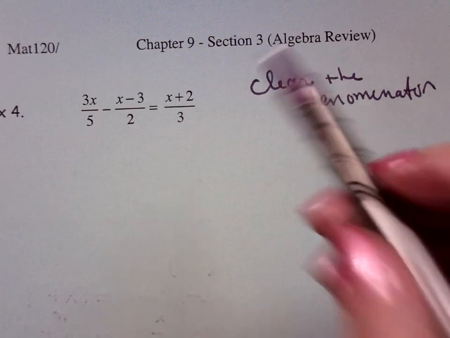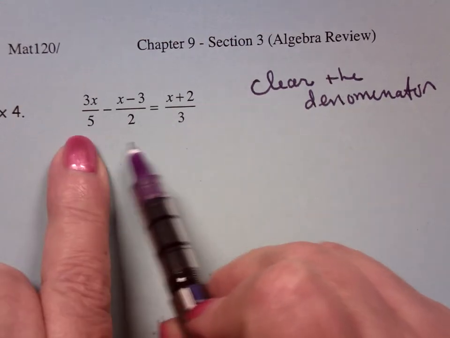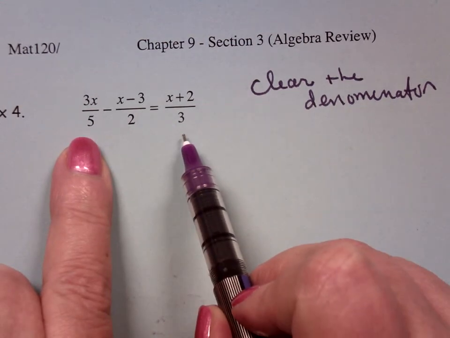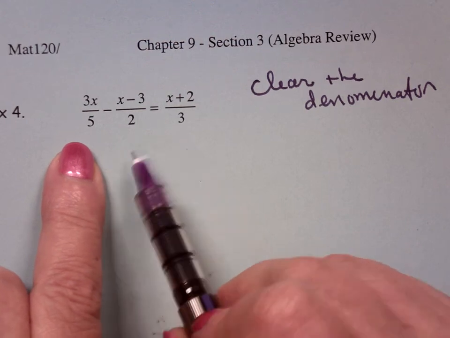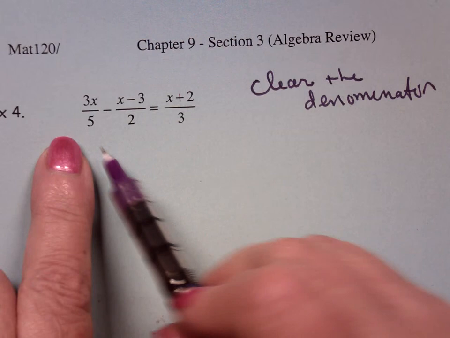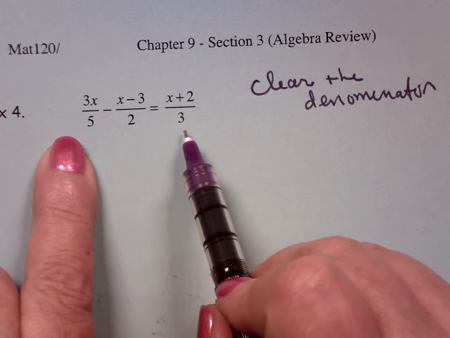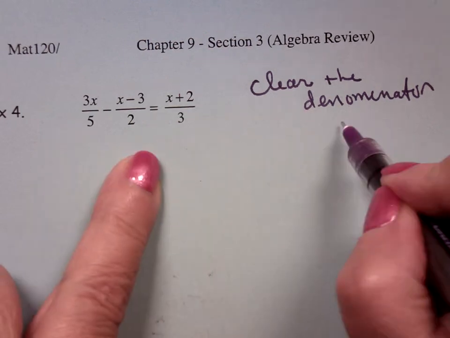And we're going to clear the denominator by looking for a number that 5 and 2 and 3 all divide into. 5 and 2 and 3 have nothing in common. So if I would just multiply them like you would do in arithmetic, this would be 30.